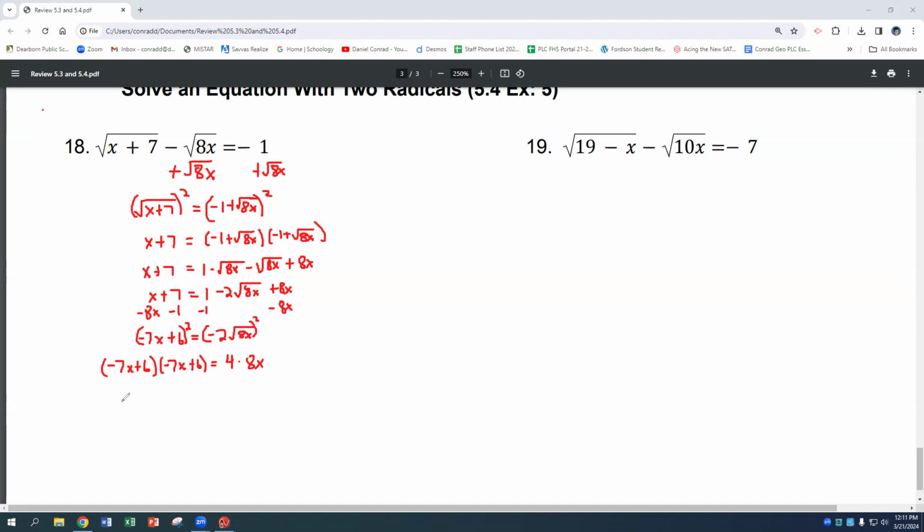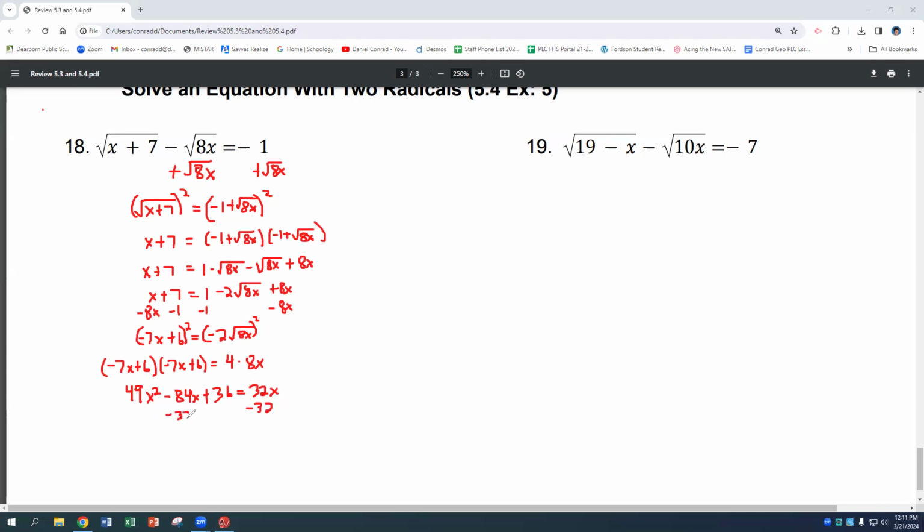Okay, I'm going to FOIL this out. This is going to give me positive 49x squared minus 42x. Minus 42x is going to give me minus 84x, right? And then 6 times 6 is going to give me plus 36. 4 times 8 is going to be 32x. We have a quadratic, so I need to move everything to one side.